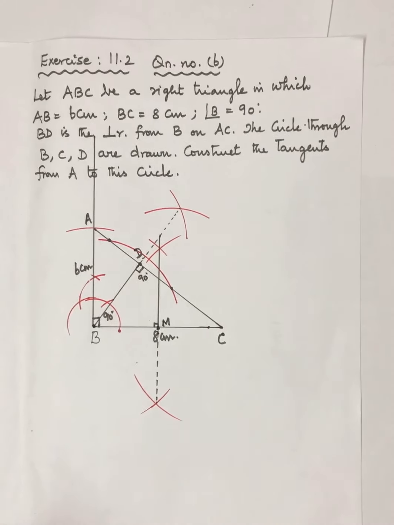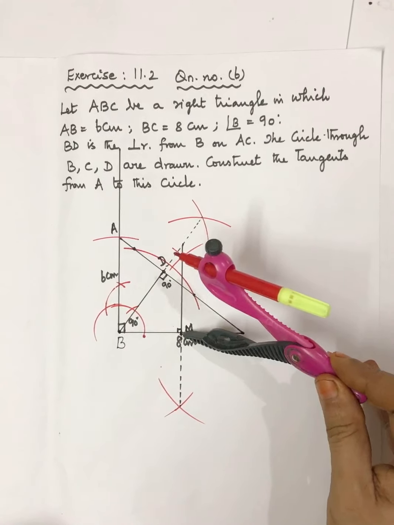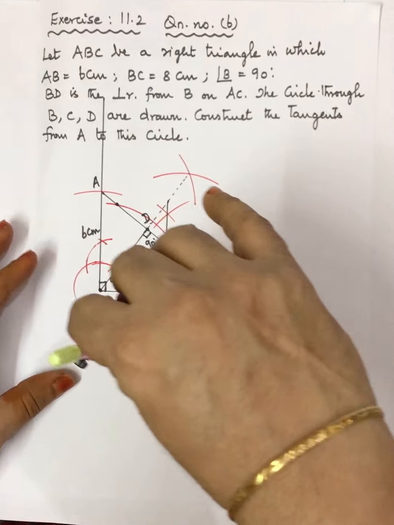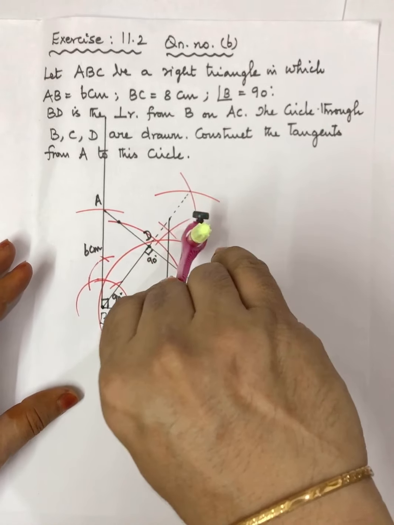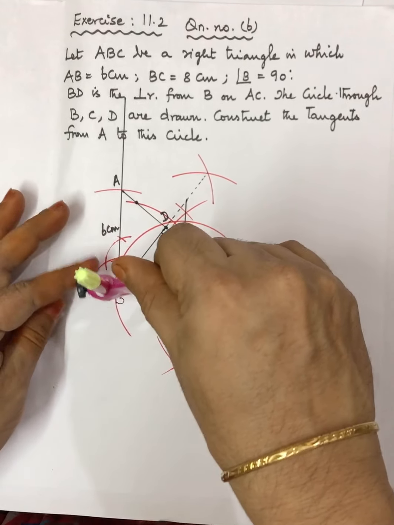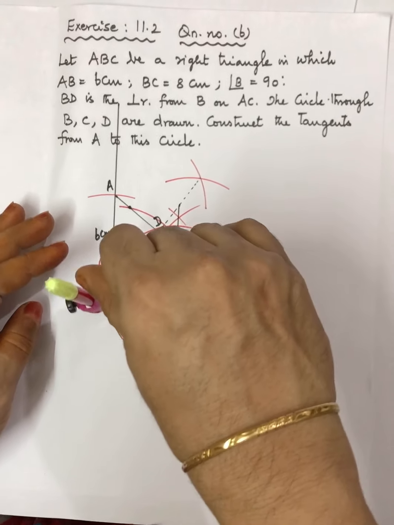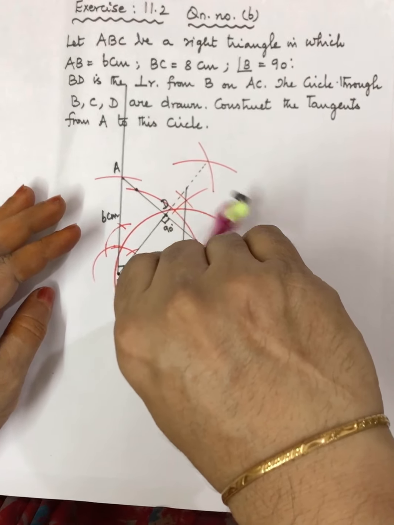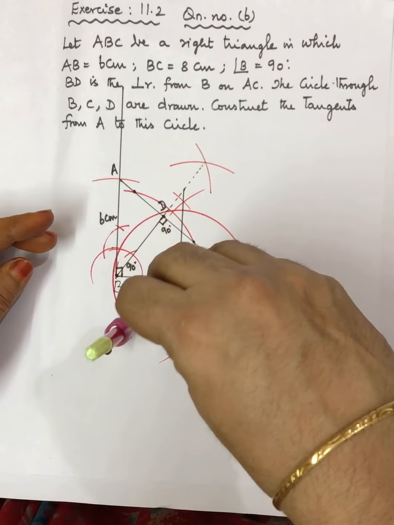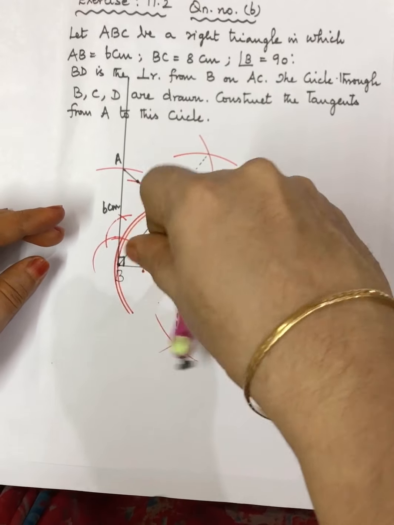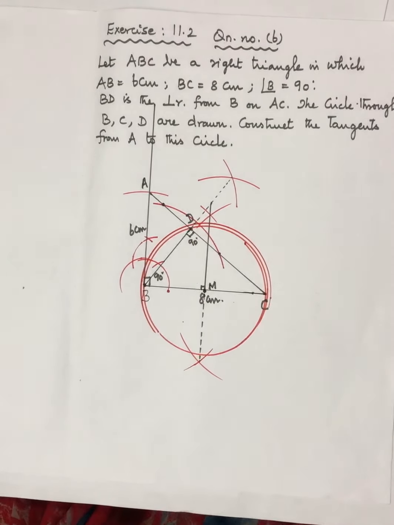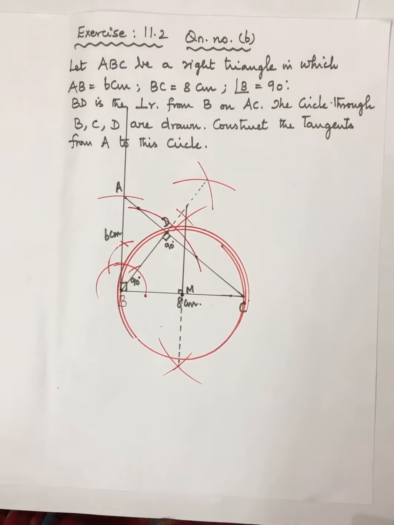Now take your compass, needle at M, pencil at B, and draw a circle.